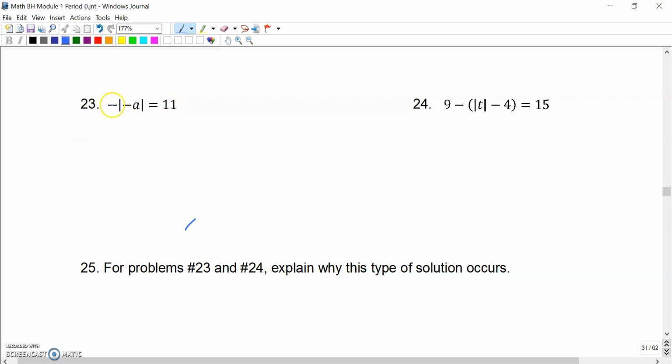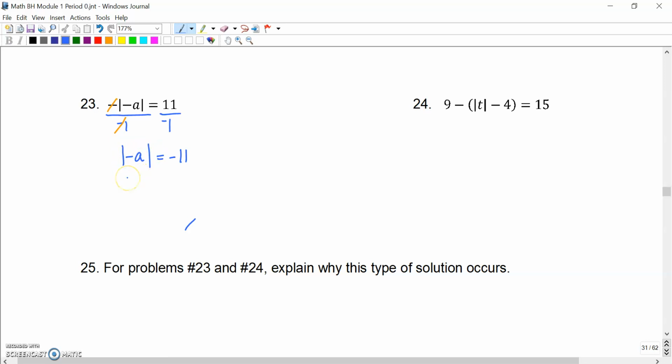So the first step is we're going to get rid of this negative in front. So to do that, we will divide both sides by negative 1. And that would mean that this negative and this negative cancel. I have not tinkered with the bars or whatever is inside the bars. Also, as these become more difficult, we can't take the absolute value of this and say that this is just going to be positive a. We're going to leave this just as it is.